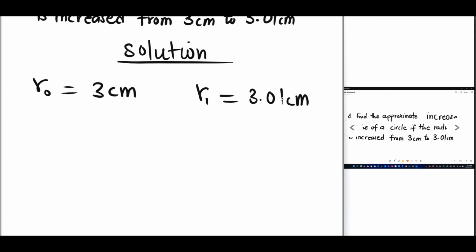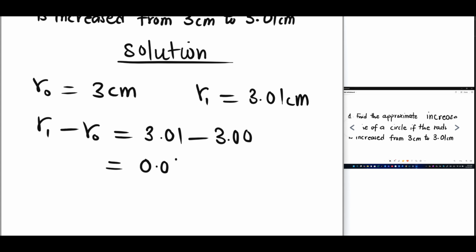That will be R1 minus R0, which is 3.01 minus 3.00, the same as 3. We are going to get a result of 0.01 centimeters. This is the small increment that has occurred in the radius of the circle.